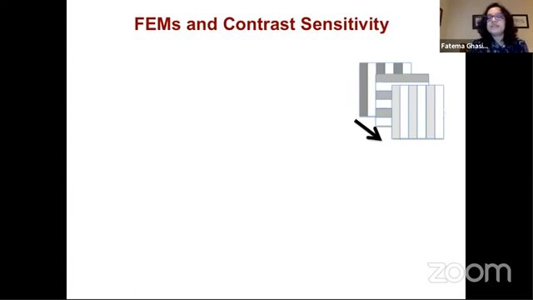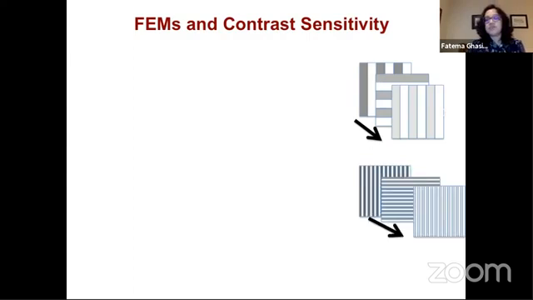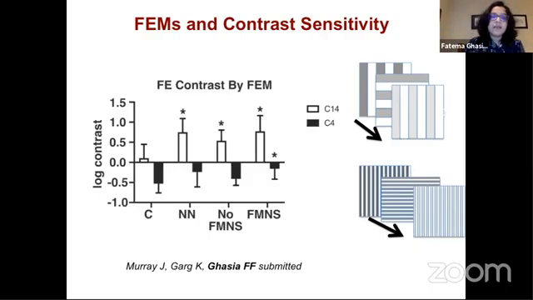We did contrast sensitivity measurements at low spatial frequency and at high spatial frequency. In low spatial frequencies, the bars are wider. In high spatial frequency, they're closer together, so it's a relatively hard task. I'm going to show the data that we collected from the fellow eye, or the good eye, so to speak. We divided the amblyopes into no nystagmus, nystagmus without FMN, and FMN.